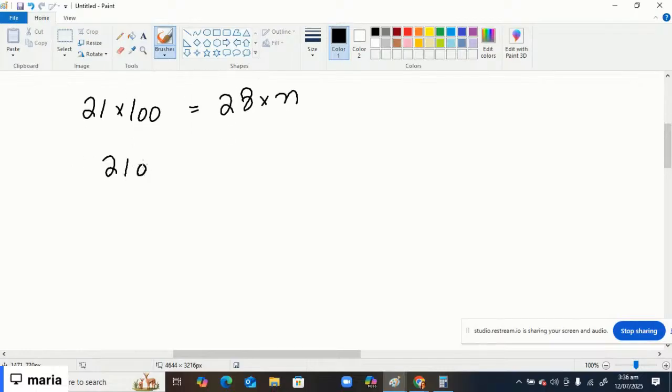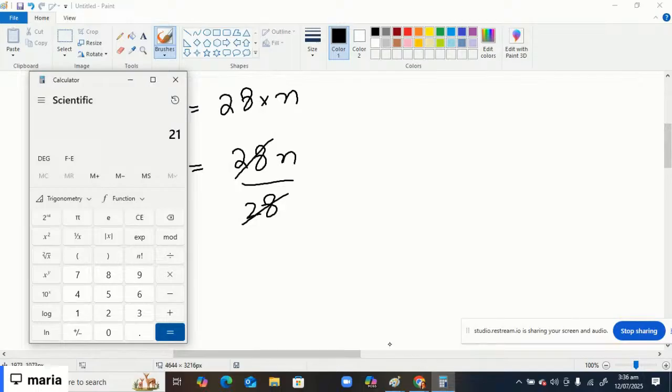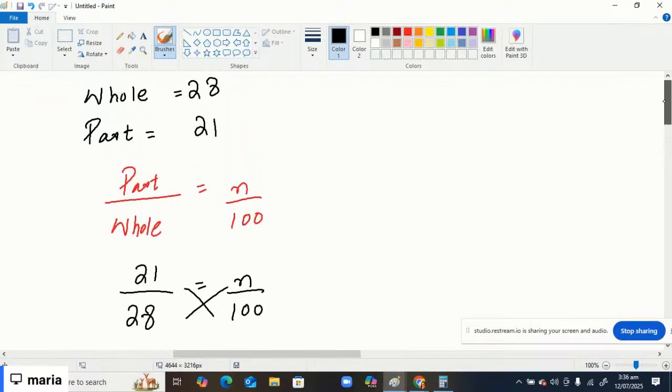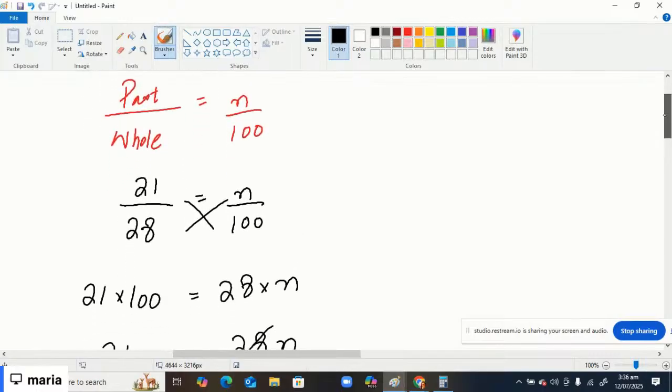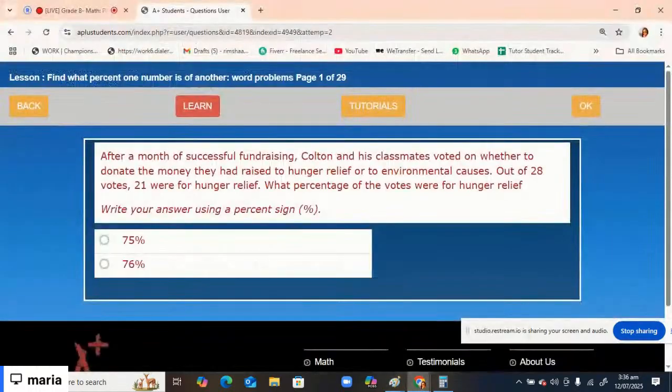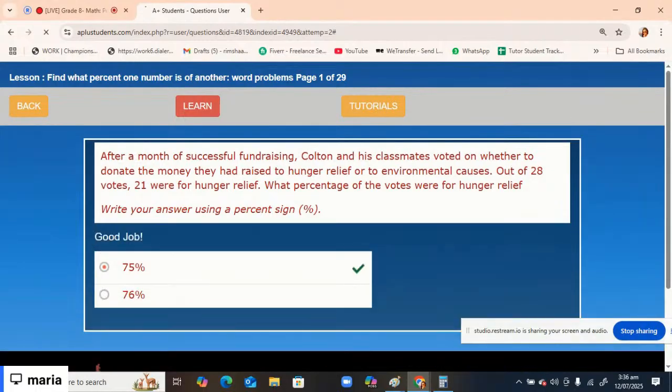So this becomes 2100 and here is 28n. Now just dividing both sides by 28. So 2100 divided by 28, n is equal to 75%. This is the way: whole is given, part is given, so we just put it, then cross multiply and then we get the answer 75%. Let's go with this and here is the right answer.